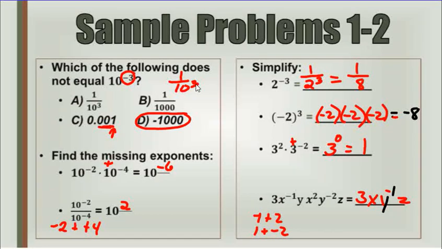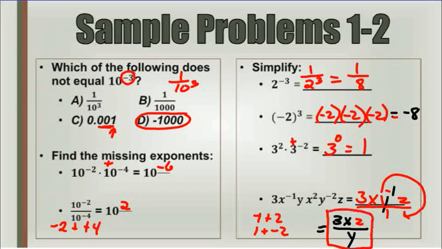But I can't have negative exponents. Remember, this is all over 1. I need to put this y on the bottom to make that positive. So my answer would be 3xz all over y. And that would be my answer. Just remember, with your negative exponents, you flip it or use the reciprocal of the base to make the exponent positive.